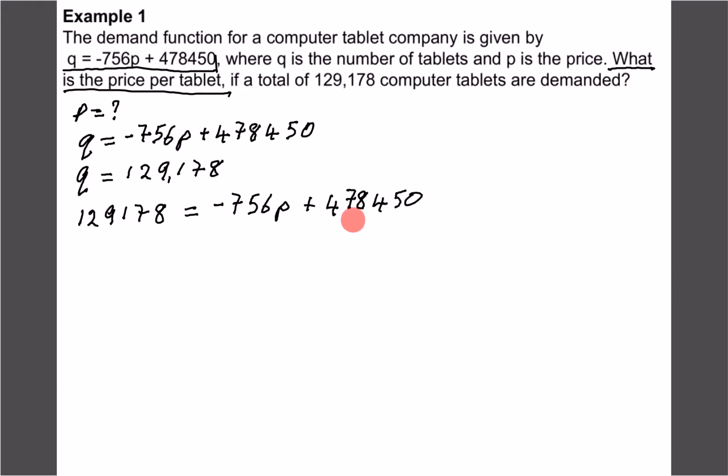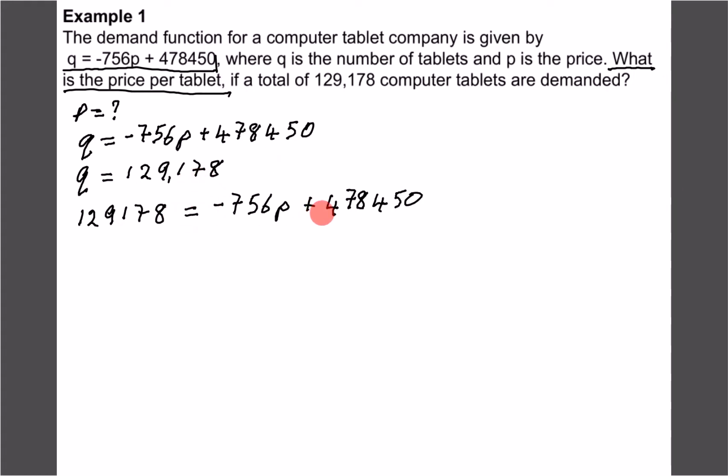So we go ahead now and solve this equation. This is a typical two-step equation, and your P is on the right hand side. So our goal is to isolate P, to get P by itself. The first thing we'll do is carry the constant term, the term that doesn't have P, over to the left hand side.